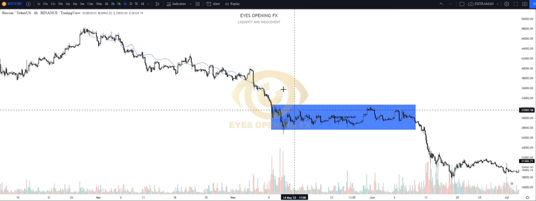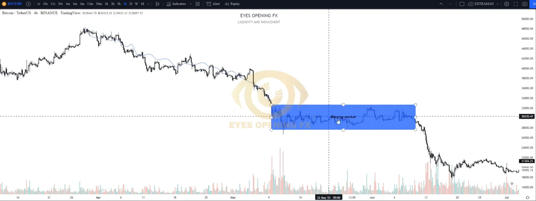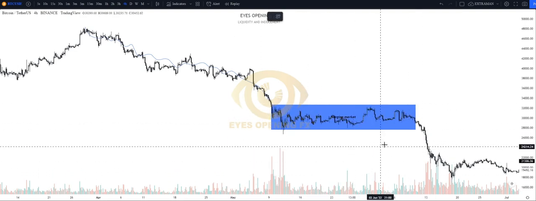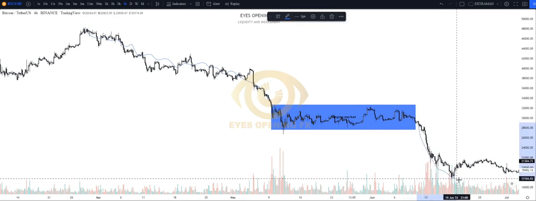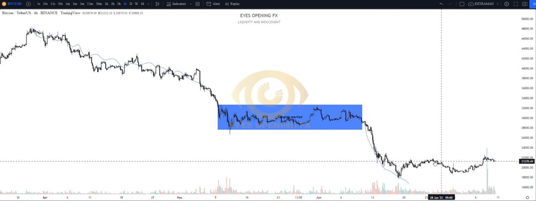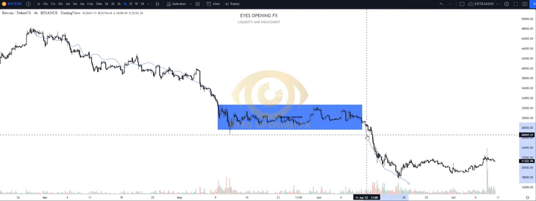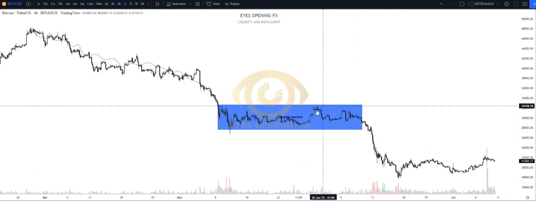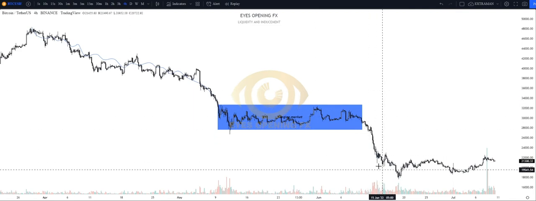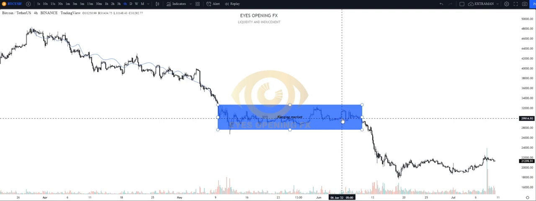Now here, after the ranging market, it left that range instantly to the downside, telling you that it has a direction to the downside. So this is the bearish trend. That is all about trending market and ranging market.